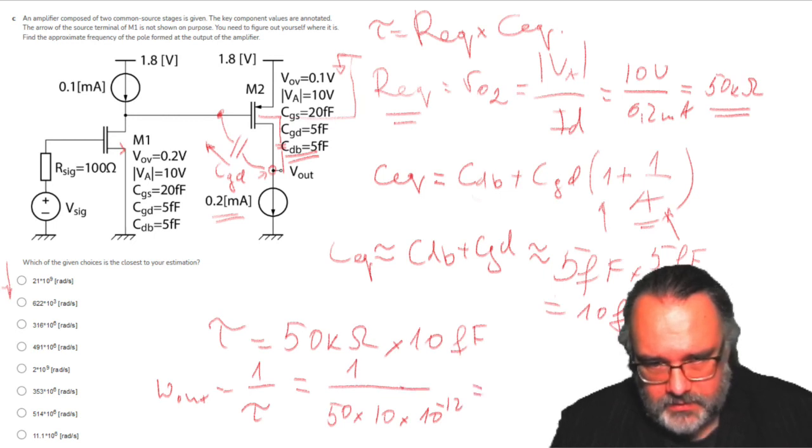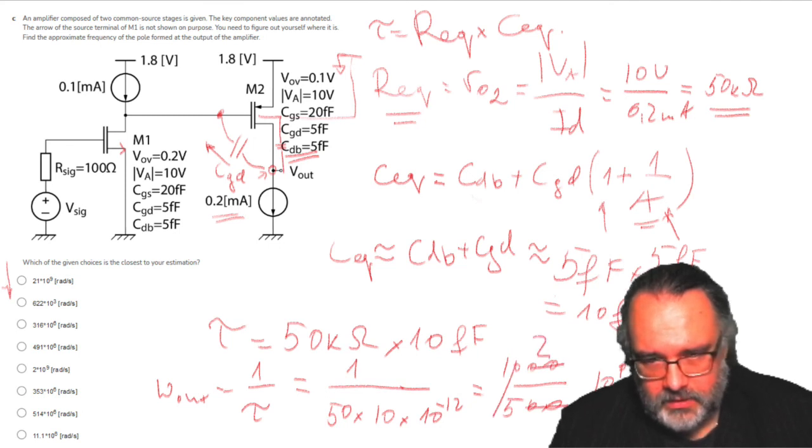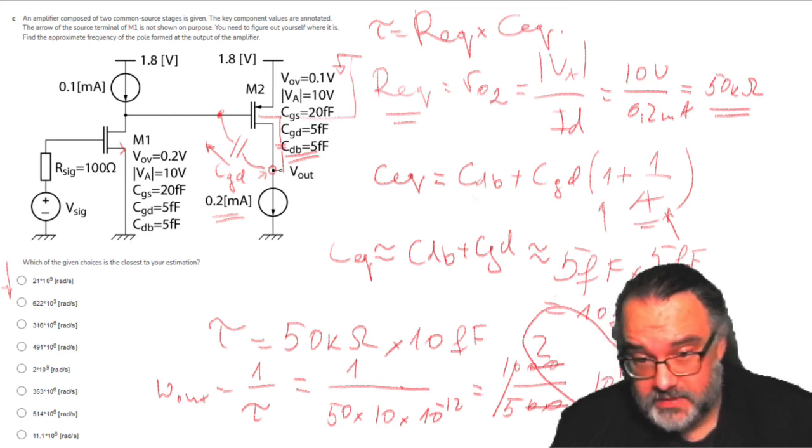All right, so this is 500, and this is 10 to the power of 9, and I have here 1000 divided by 500, and this is 2. So this is my answer, 2 times 10 to the power of 9 radians per second.